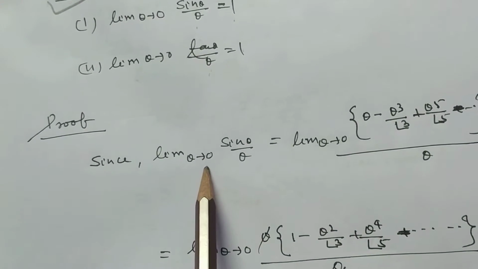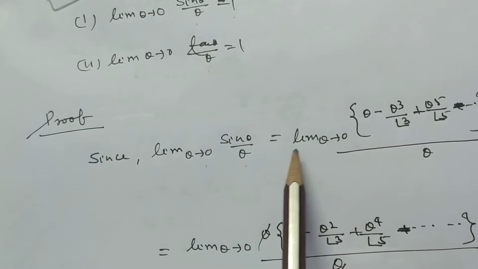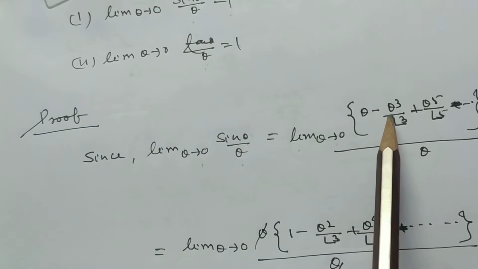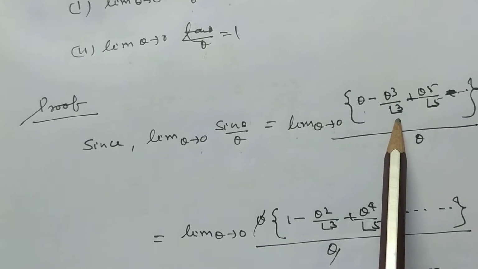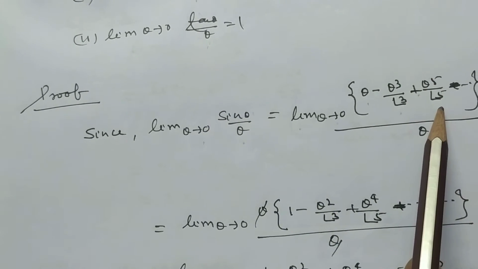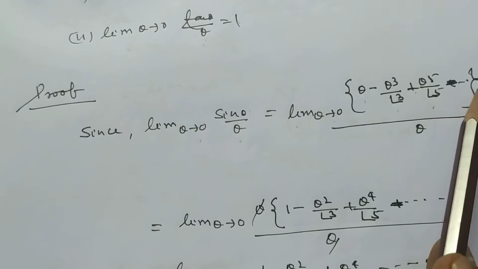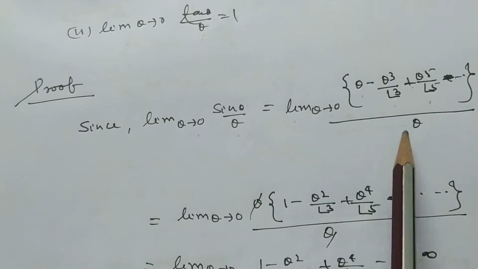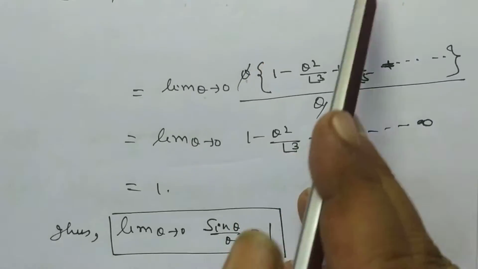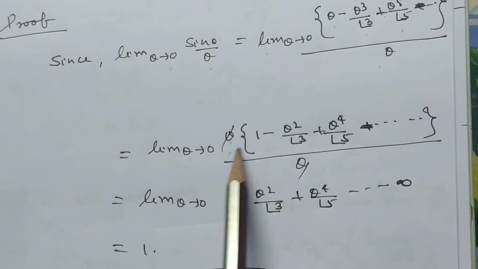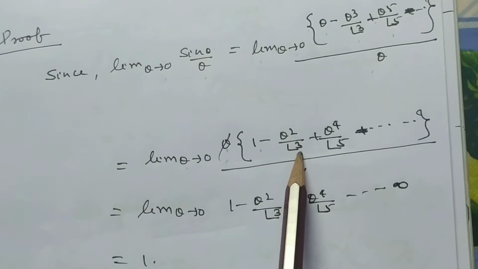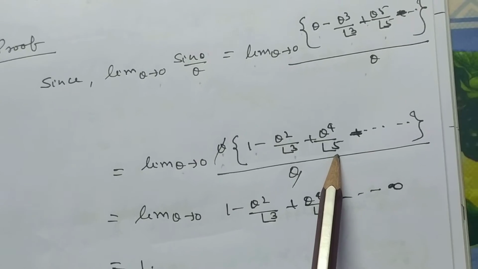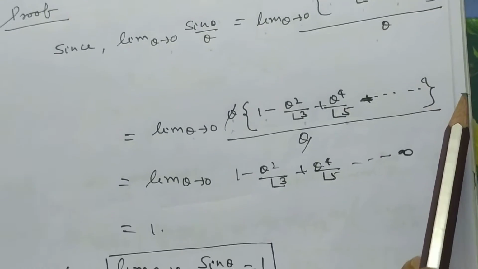Limit theta tends to 0, sin theta by theta is equal to limit theta tends to 0 of theta minus theta cube by factorial 3 plus theta to the power 5 by factorial 5 minus so on, divided by theta. After taking theta common, we have limit theta tends to 0 of 1 minus theta square by factorial 3 plus theta to the power 4 by factorial 5 minus so on.